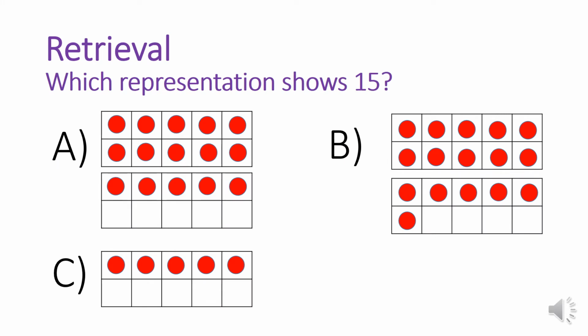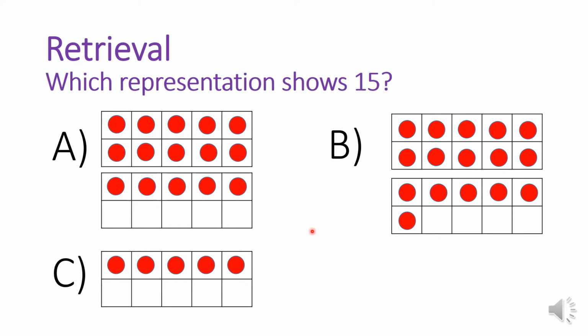As always, just before we start our new learning, let's quickly practice what we learnt yesterday. So a bit of retrieval practice. The question is, which representation shows 15? So yesterday we looked at our tens frame. So which one shows 15? Is it A, B, or C?